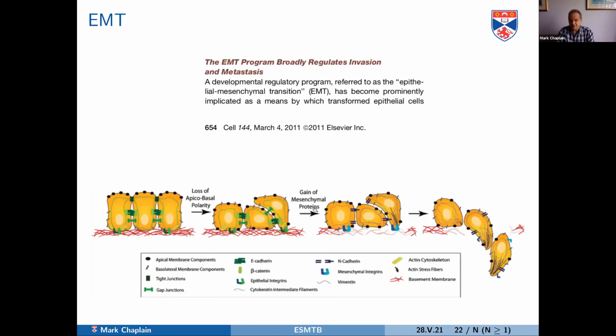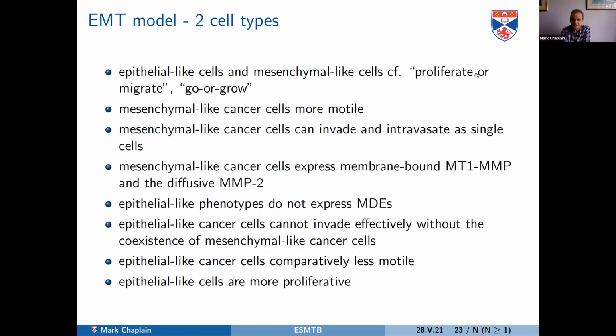And so this is a little schematic of the epithelial mesenchymal transition. Here are some epithelial cells, which normally are stuck together with intercellular adhesion bonds. Over time, they change phenotype into mesenchymal cells, which are more invasive and more motile. There are key differences between the two cell types.